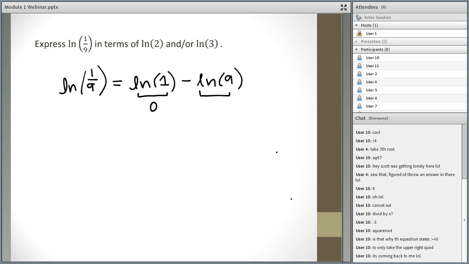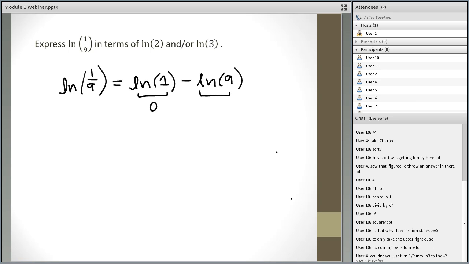Natural log of 9. How can I write this in a way that would involve a 3? Yes, so you can.